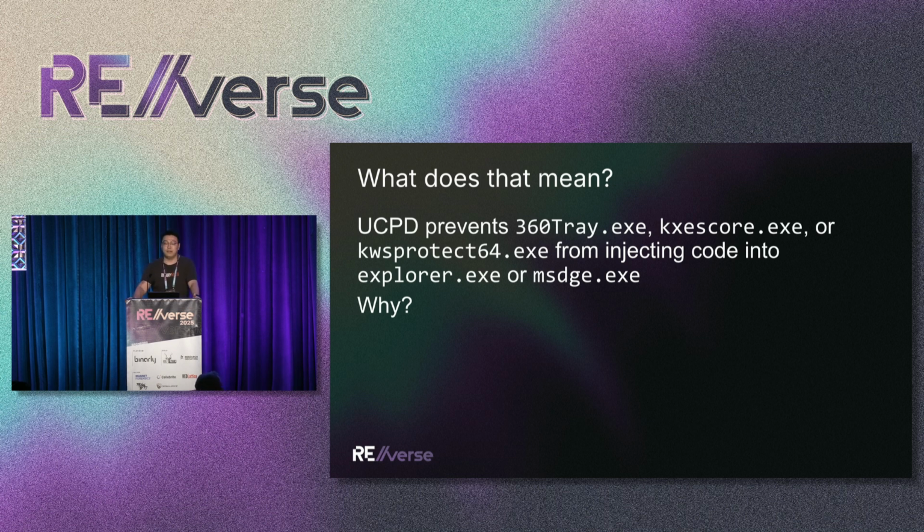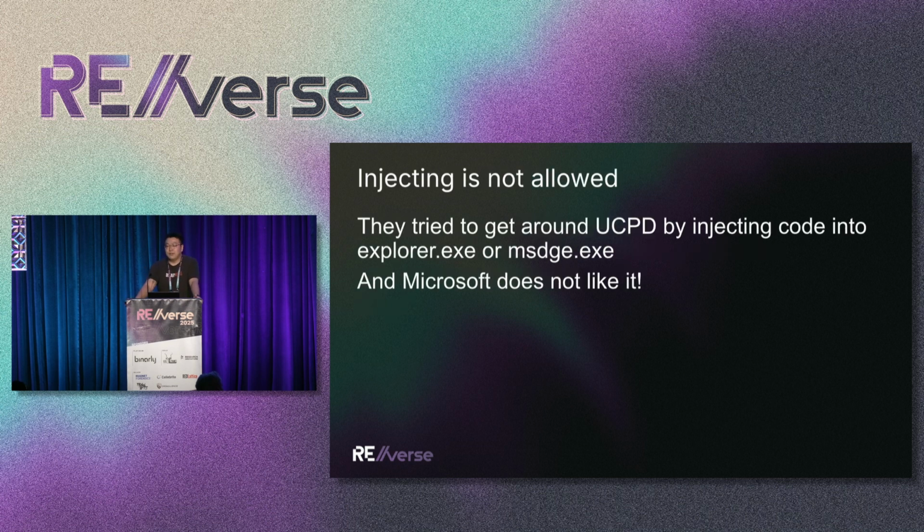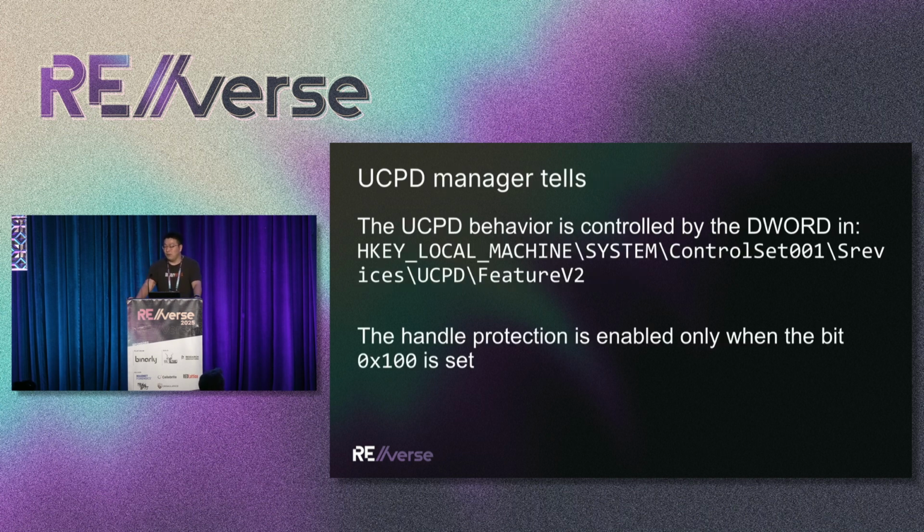Sorry, I just misspelled. And you might still be asking, why is this? It's because they try to get around UCPD by injecting their code into explorer.exe or msedge.exe, and Microsoft does not like it. So why I'm sure that they get caught by injecting into these processes is because there is a UCPD manager.